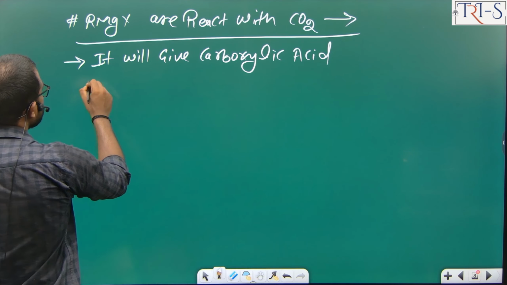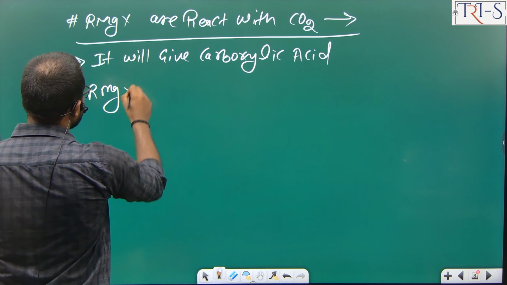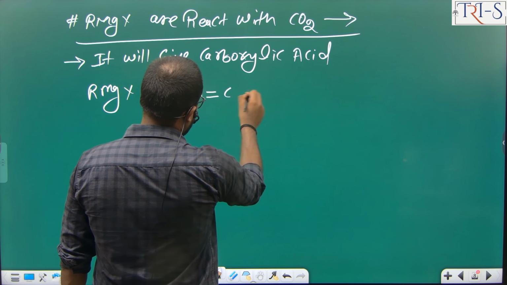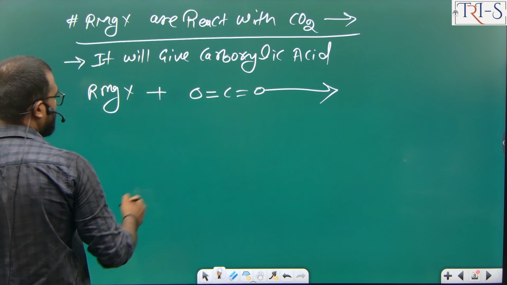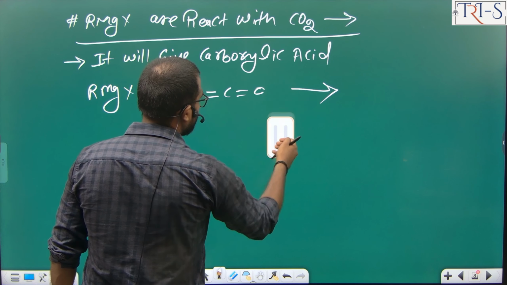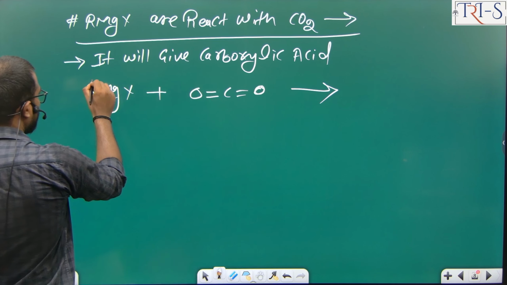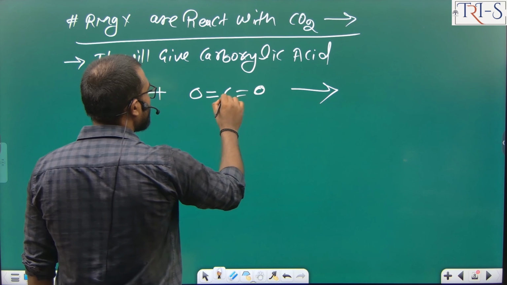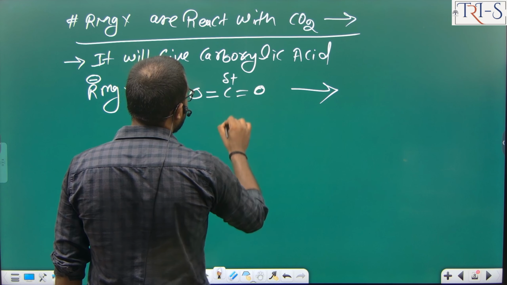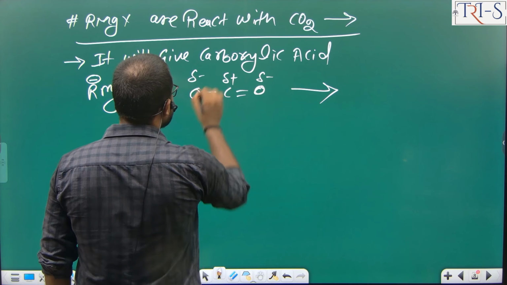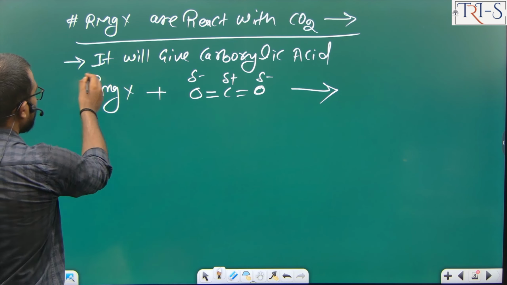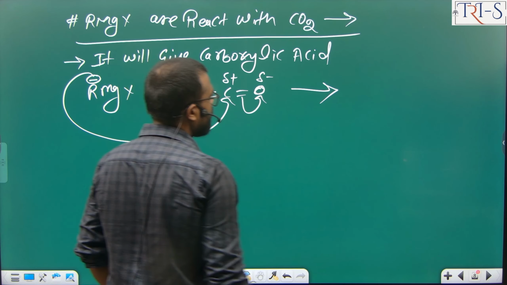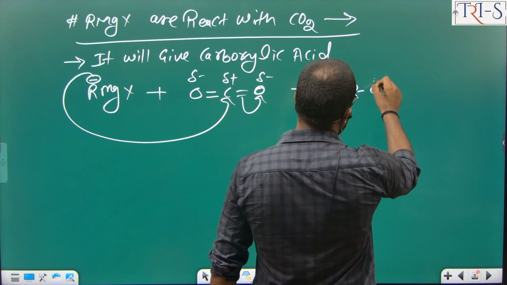That is RMgX on reaction with carbon dioxide: the R minus, and here the carbon attached with oxygen has polarity and generates partial positive, and the oxygen contains partial negative. The R minus can attack on carbon to form a bond, like this.